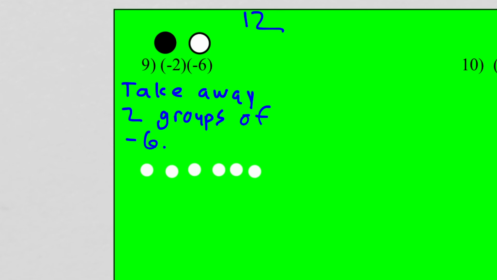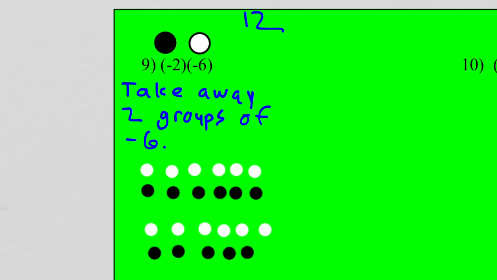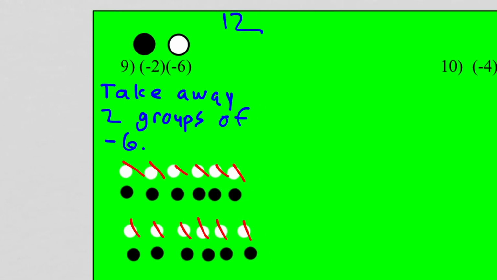So I fix it by making 0 pairs. And I have to do 2 groups of that. And again, I don't want to be adding them, so I pair them with positives so that I have 0 there right now. So on my screen, I still have 0. I haven't added anything. And now I can take away all the negatives. And look at what I'm left with. I'm left with 12 black, or +12. A negative times a negative is a positive.